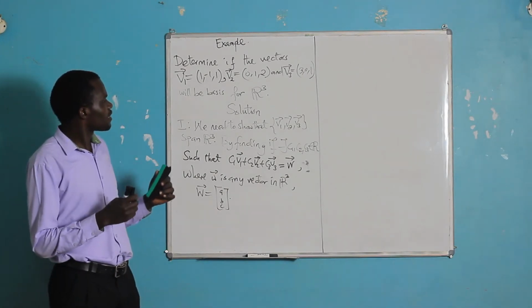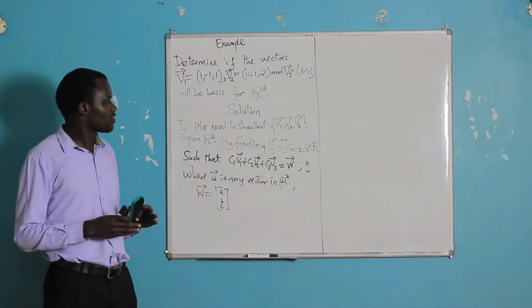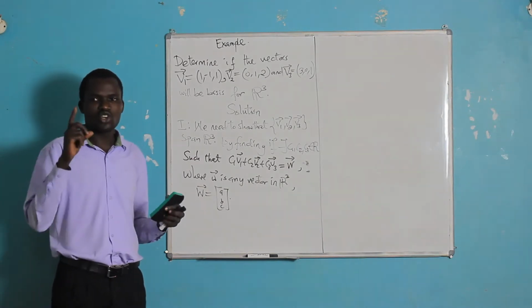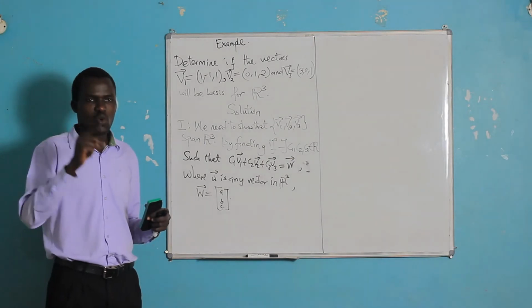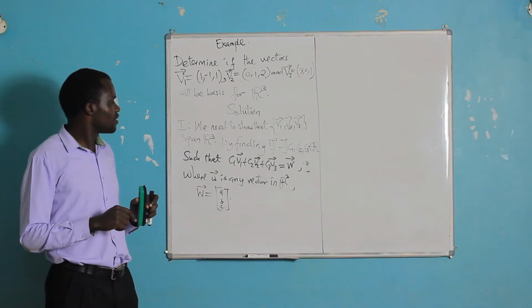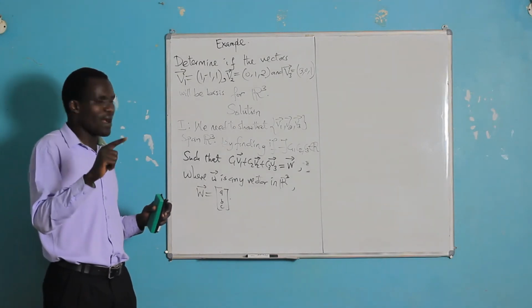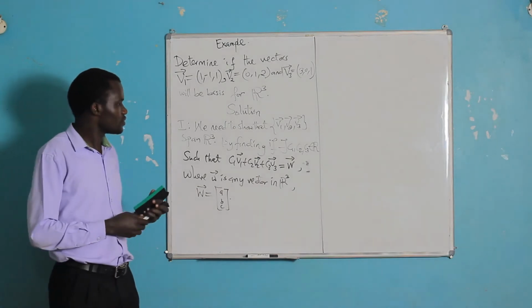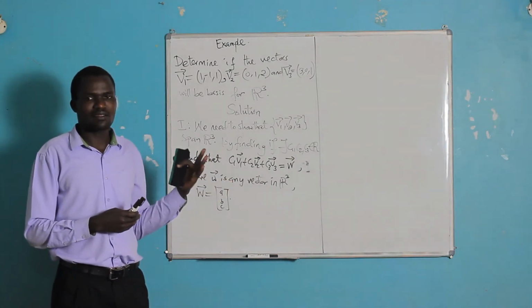Remember, to show that these three vectors are a basis for R3 space, we need to show that the three vectors satisfy two axioms. One of the axioms is that the three vectors span R3 space. How can we show that the three vectors span R3 space?